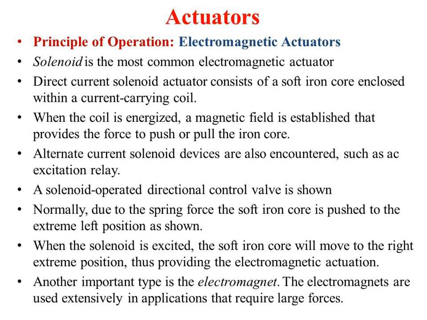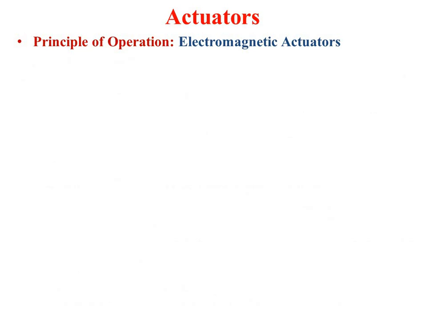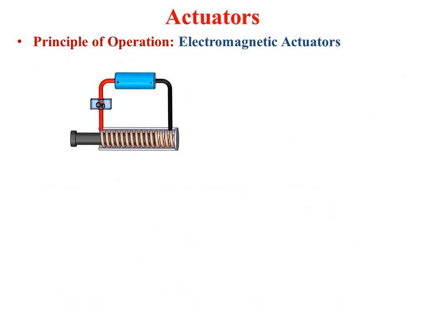So another important type of actuator is electromagnet. So the electromagnets are extensively used in applications where large forces are expected. So we will see how exactly the solenoid is working. So when it is on, you can see that this soft core material is moving to and fro.